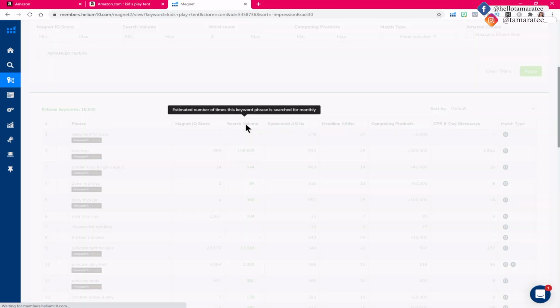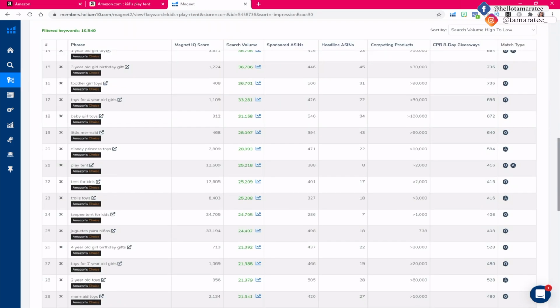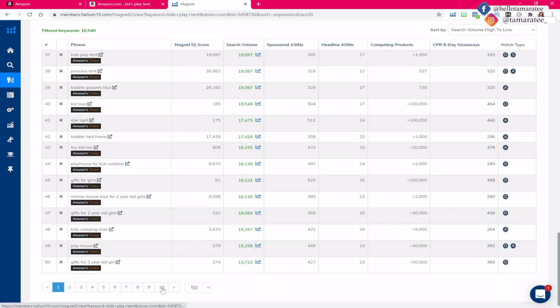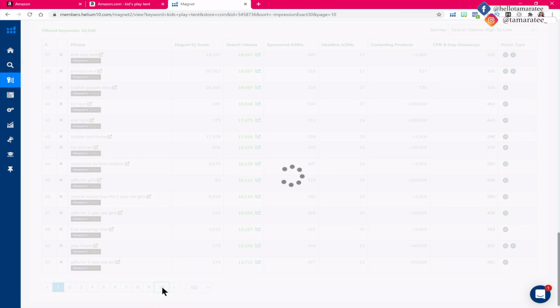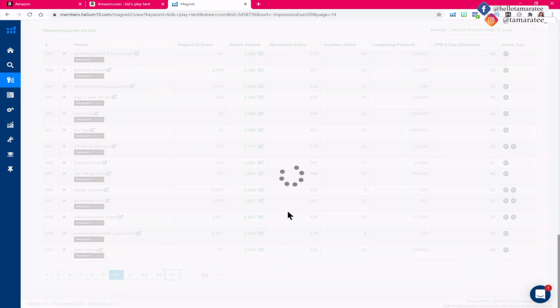So I'm going to click on this once. So you see these are very big search volume keywords, and if we were to go all the way down and go all the way to, let's go to page 10 for example, and let's see if this is low enough. Actually, let's go a few more pages down so I can give you a better example.